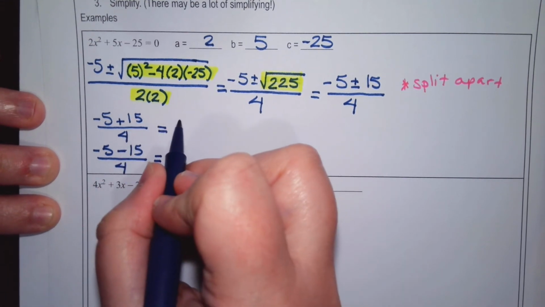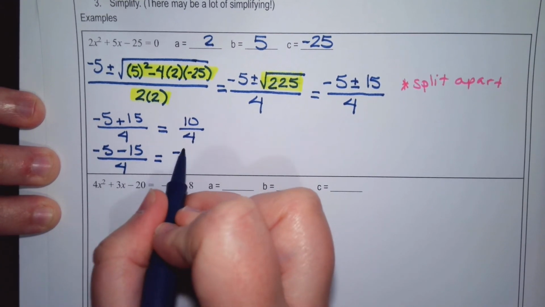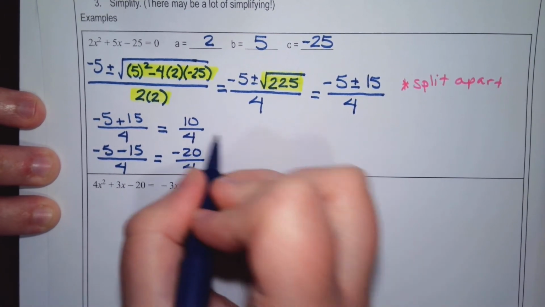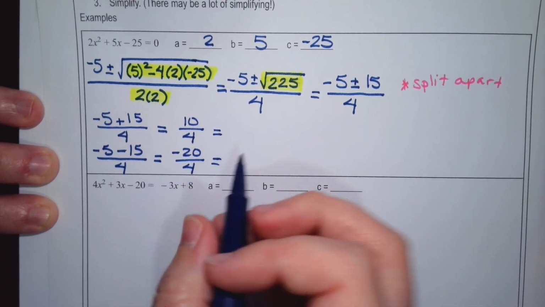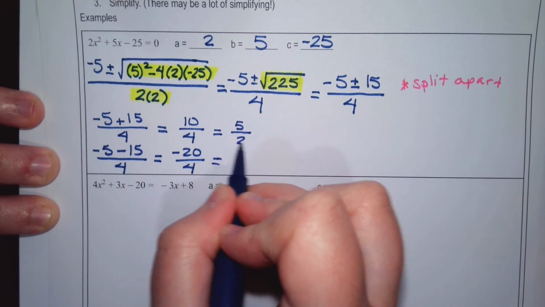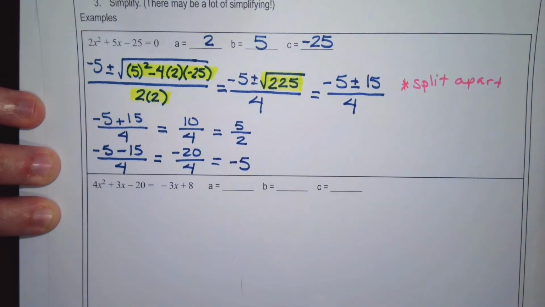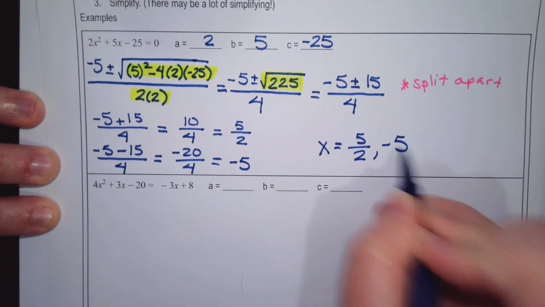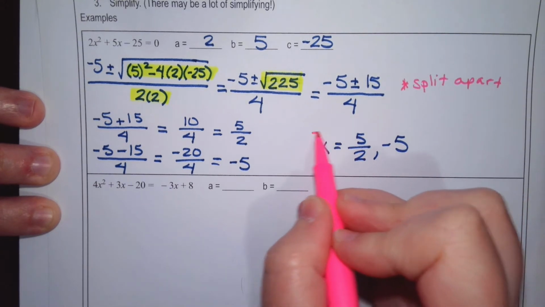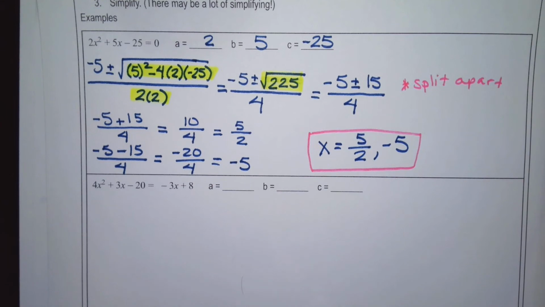Negative 5 plus 15 is 10 over 4. Negative 5 minus 15 is negative 20 over 4. And keep simplifying till you cannot simplify anymore. 10 over 4 can be simplified to 5 over 2. Negative 20 over 4 simplifies to negative 5. So we have x is equal to 5 halves and negative 5. So you just keep simplifying till you can't simplify anymore.